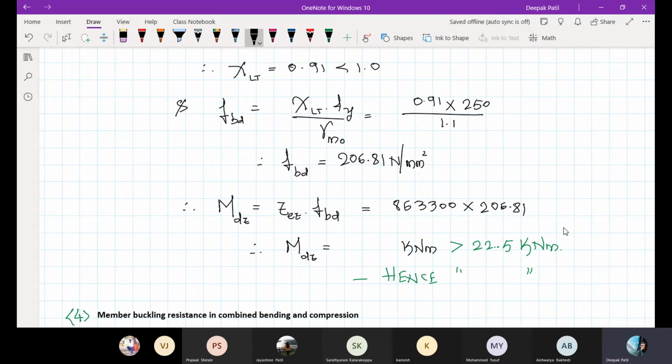So this times 863300 comes out to be 178.54 kilonewton meter. And since this is more than the actual applied moment, that is MZ, hence the section is safe for the third check also.